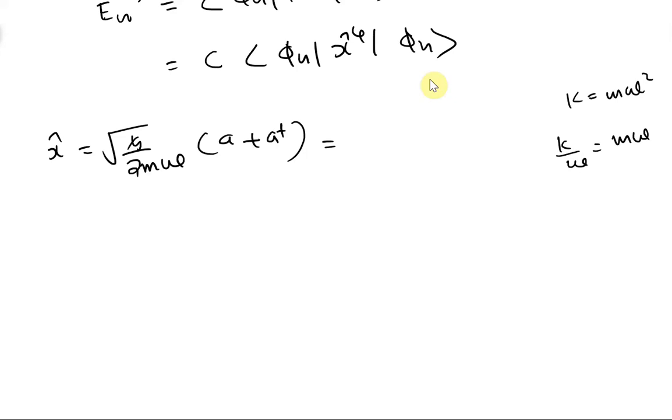So I can write this as h cross, substituting m omega as k, that will become 2k inside the root, and whatever is coming here is nothing but omega, right? K by omega, a plus a dagger.